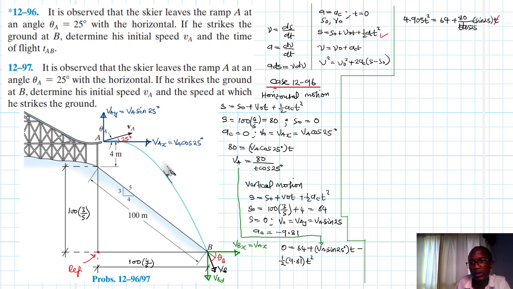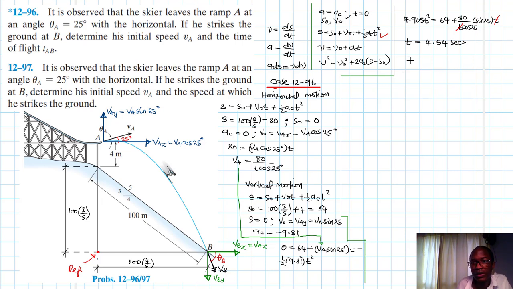Then the t and the t cancels, and therefore we have t equal to plus or minus, but we are not interested in the minus, we're only interested in the positive. So we have 64 plus 80 tan 25, then divided by 4.905, and square root of that, we have 4.54 seconds.